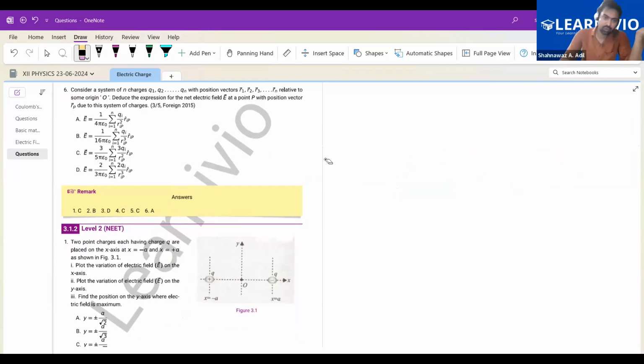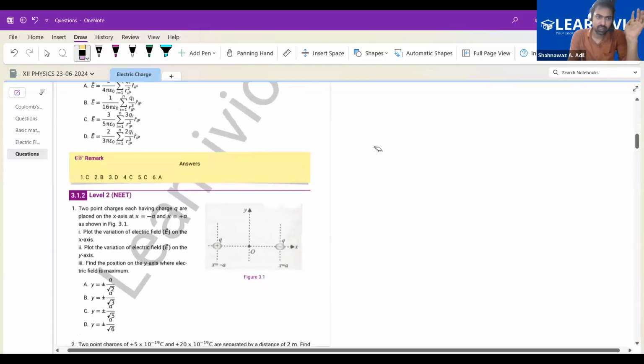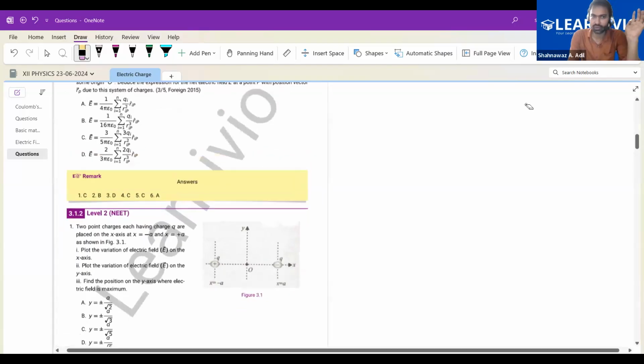Resistance and then cells and the internal resistance of cells, and then potentiometer is not there, but Wheatstone bridge would be there, right? So up to this point, and Kirchhoff's law. So you have those two questions in your NCERT book. Practice that one, right? So yeah, these are the things that you have to do.